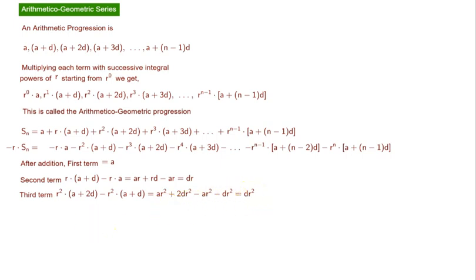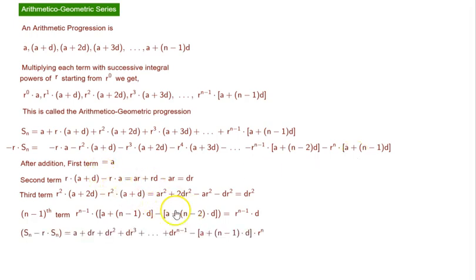And if we continue to do that, the n minus 1th term will be r to the power of n minus 1 common, and we have a plus n minus 1 d minus a plus n minus 2 d. Nth term will be as it is. Let's combine all of these.